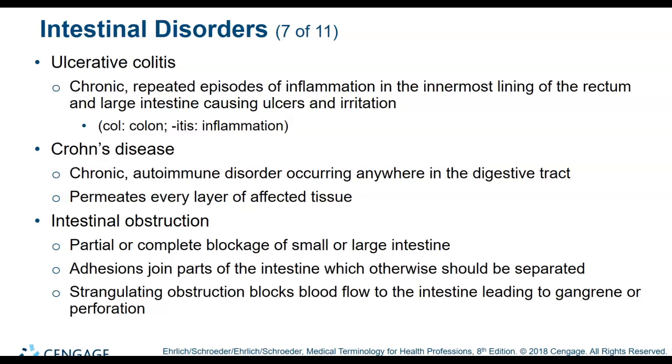It can occur anywhere in the body, but the problem with Crohn's is that it affects every layer of the tissue, so it is very, very uncomfortable for patients. It can cause massive diarrhea no matter what they eat. They use a lot of autoimmune medications to try to help control this.